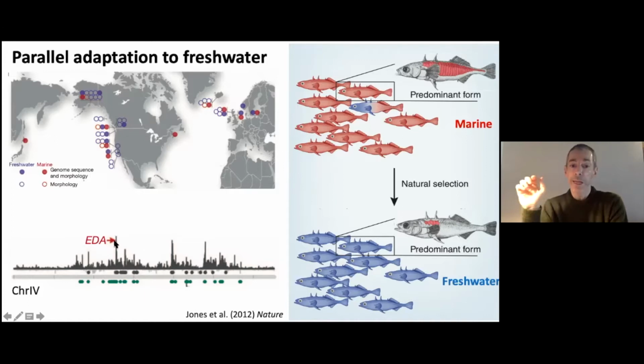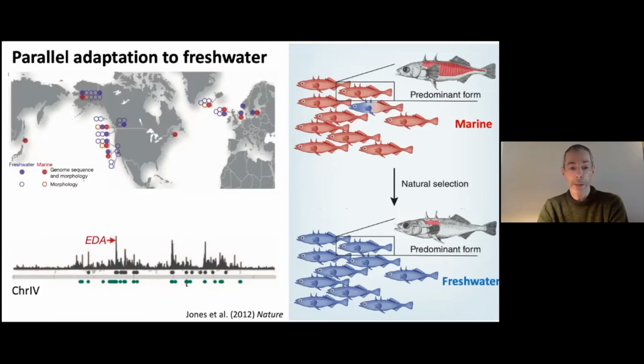And it's this EDA locus, which is showing a large effect. And we know that that has a particularly large effect size in terms of the phenotype changes in these bony armor plates. And there are many sites across the genome that show this parallel change in allele frequencies associated with this shift from the marine habitat to the freshwater habitat.